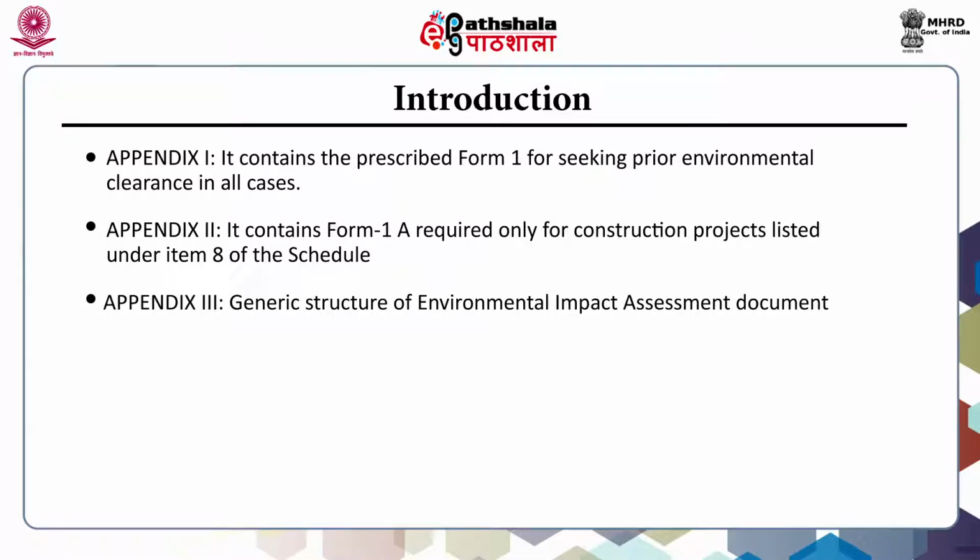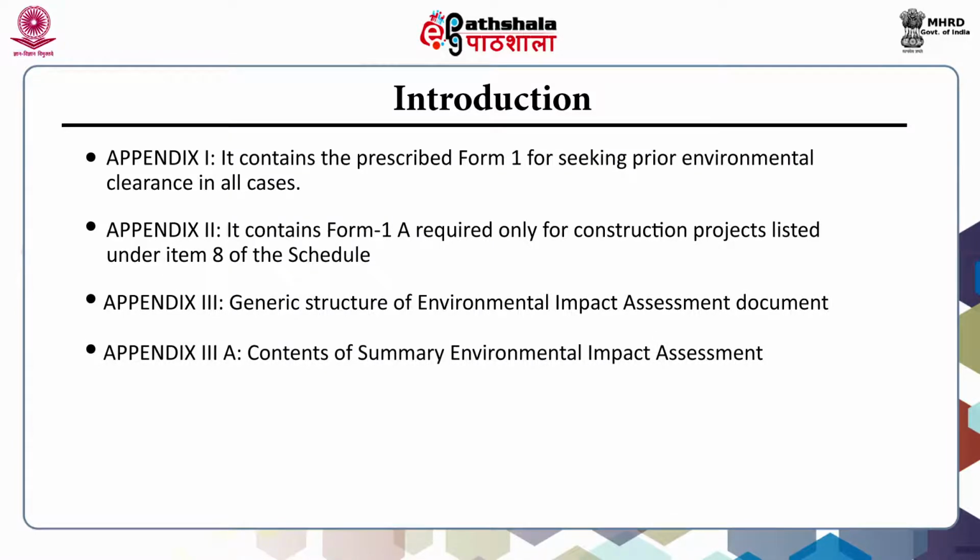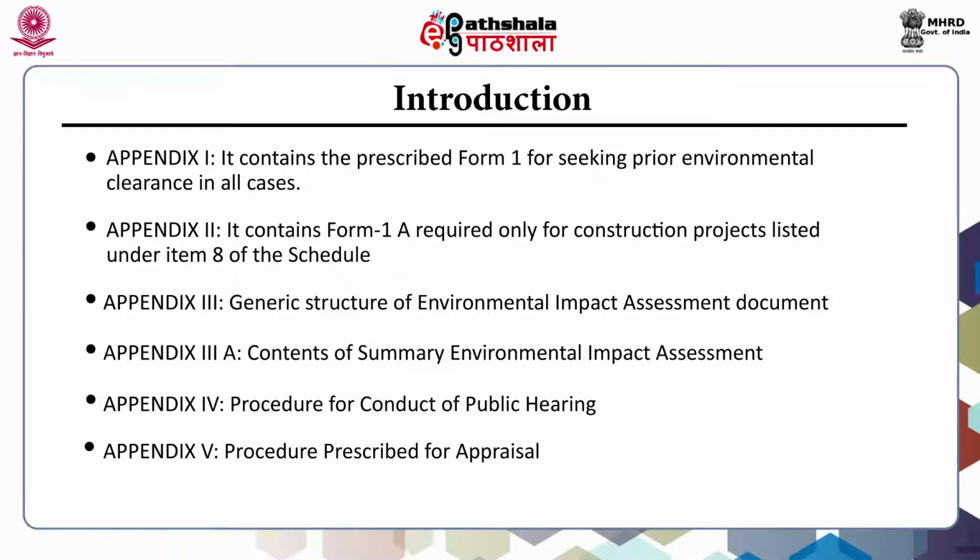Appendix 3, generic structure of environmental impact assessment document. Then Appendix 3A, contents of summary environmental impact assessment. Then Appendix 4, procedure for conduct of public hearing. Appendix 5, procedure for appraisal.